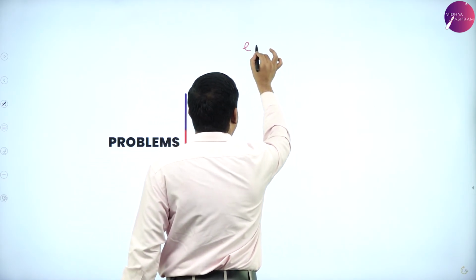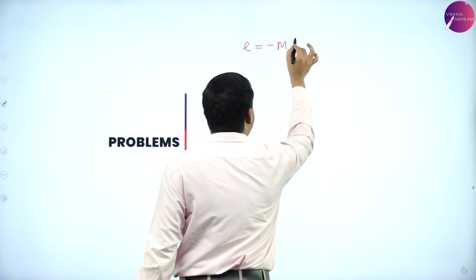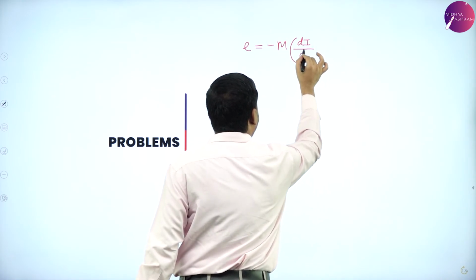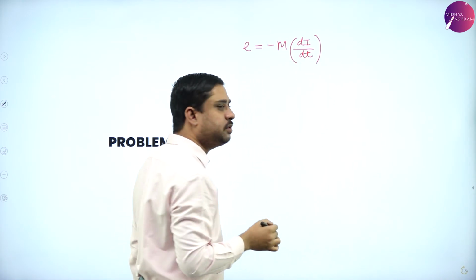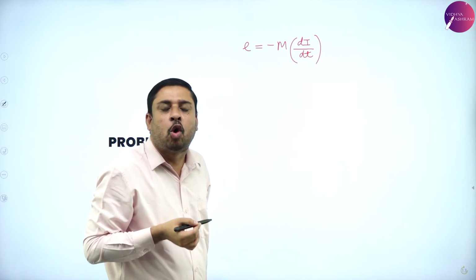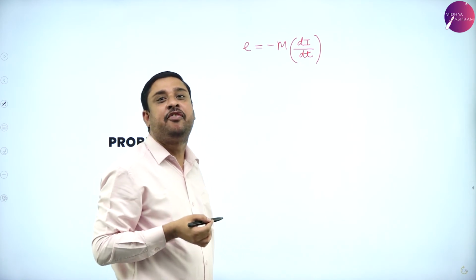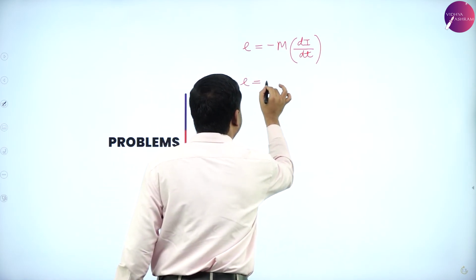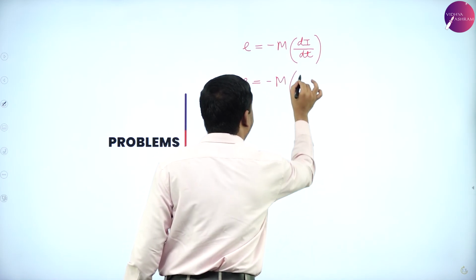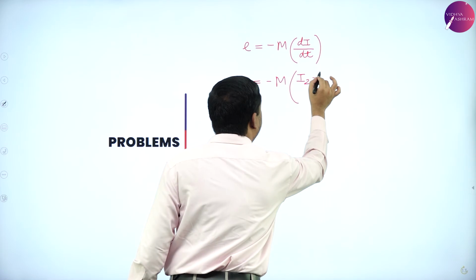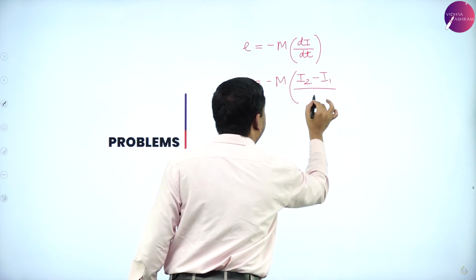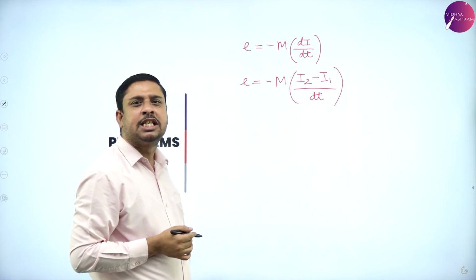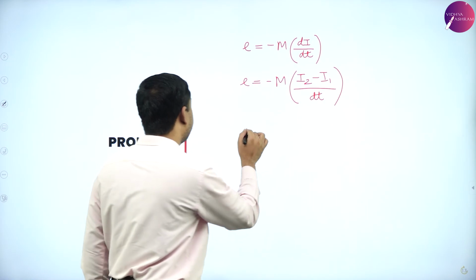So again, E is minus M into di by dt, where M is called the coefficient of mutual induction, or E equals minus M (I2 minus I1) by dt. Exactly the same way as we have done the previous problems.